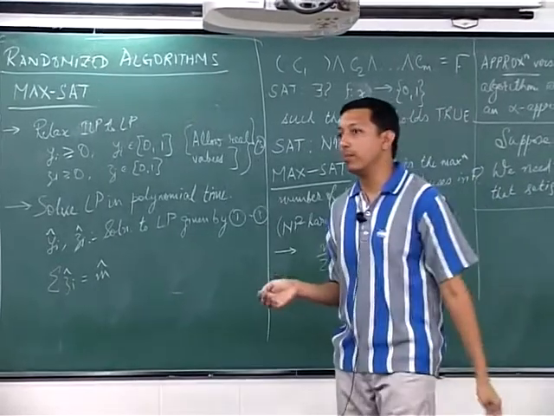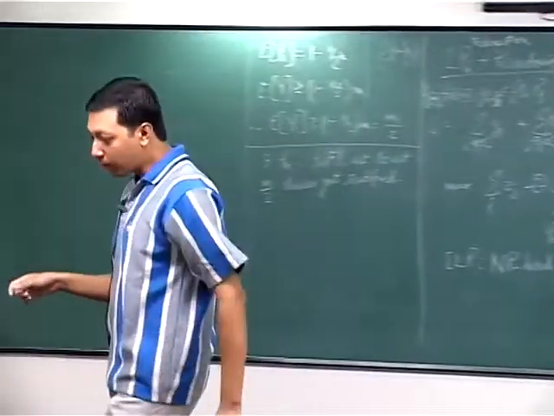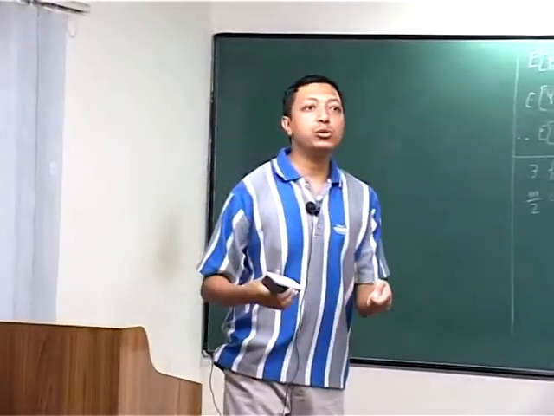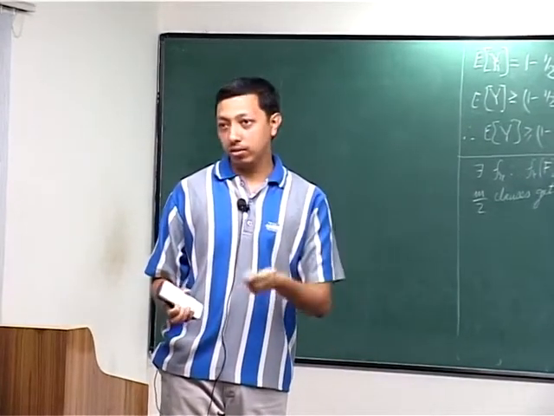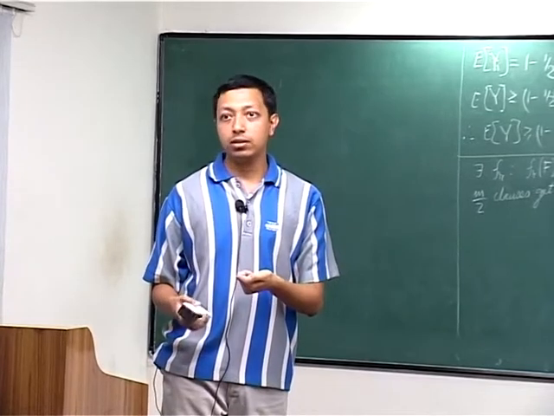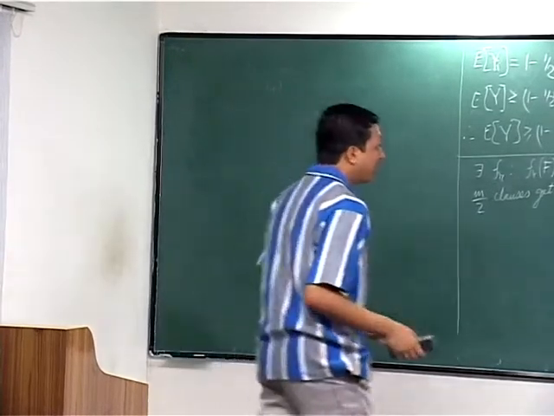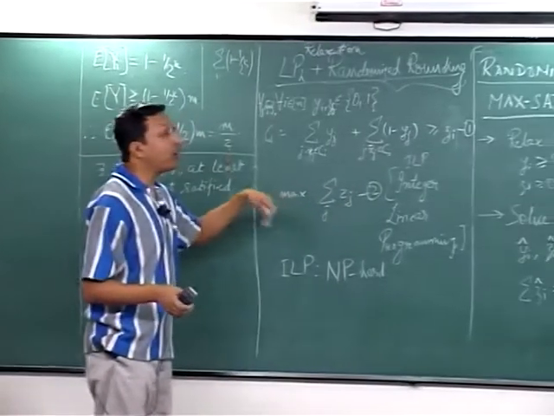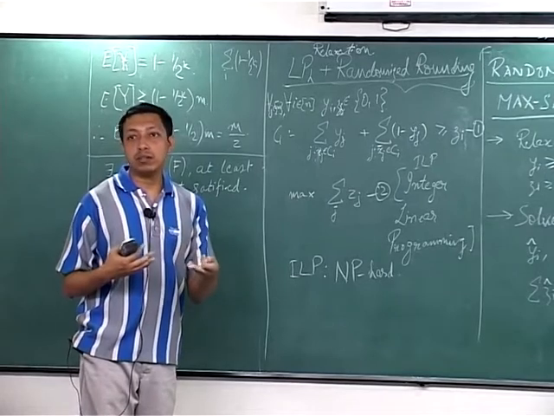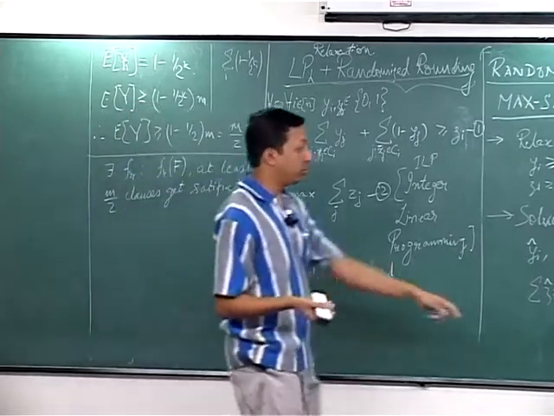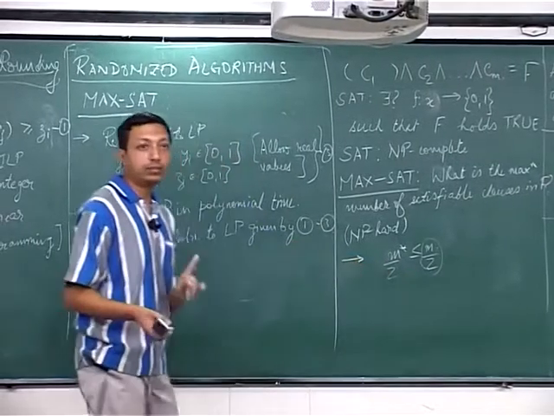Can you compare them at all? Okay, so notice one thing, that the integral solution is a real solution, but the real solution need not be an integral solution, right. And you are maximizing over all real solutions, so it means that you are maximizing in particular over this solution as well, right.